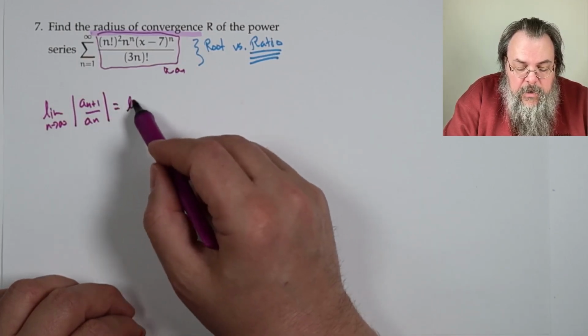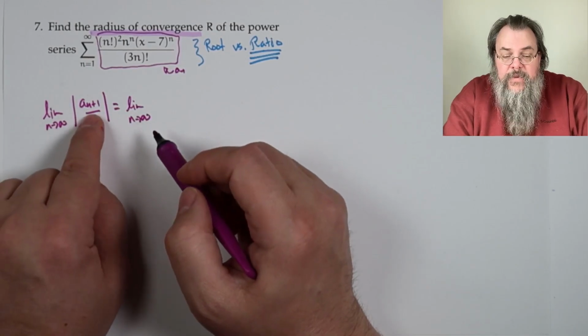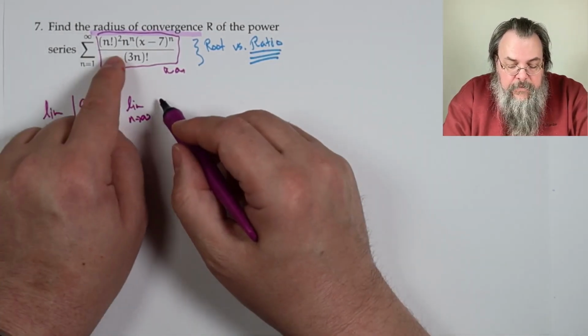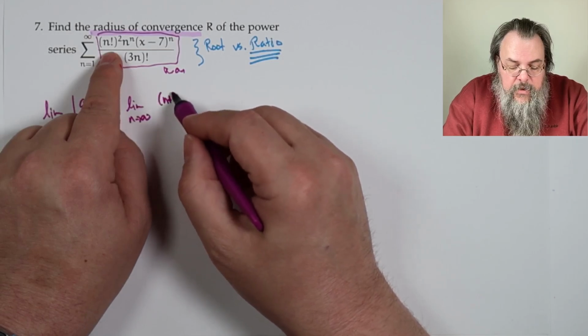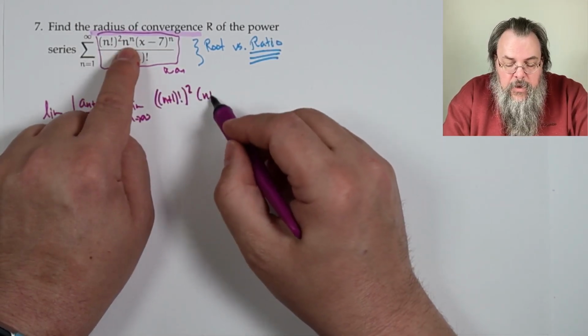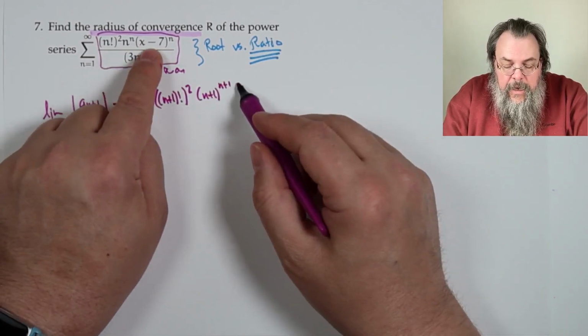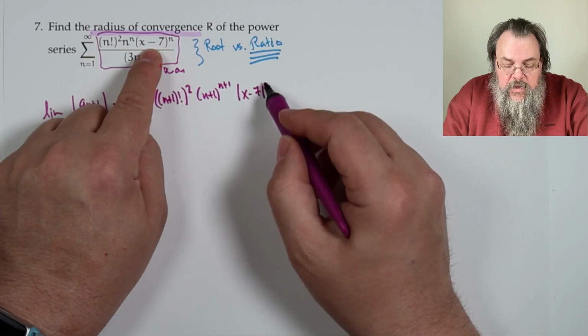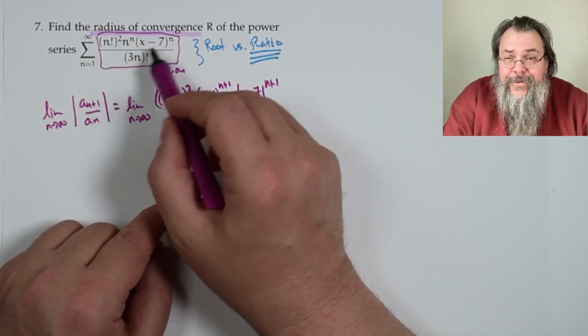So everywhere we see an n, we're going to replace it by n plus 1. So we're going to have (n plus 1 factorial) squared, (n plus 1) to the power n plus 1, and absolute value of x minus 7 to the n plus 1. Notice the only place where absolute value is needed is this x minus 7.